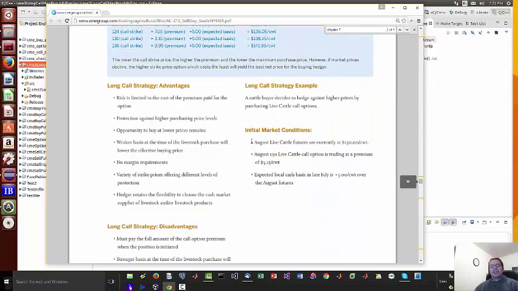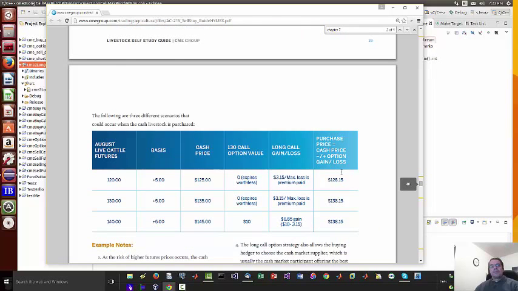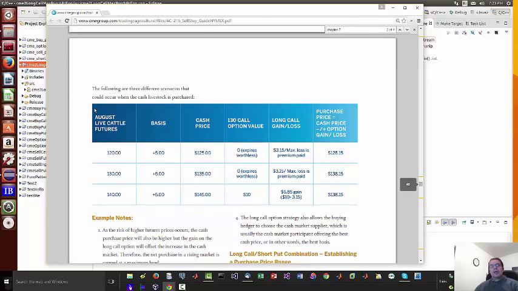Here are the initial conditions. We have our futures set at 130, premium set at 315, and our basis set at $5. In the code, based around this table, we have 3 separate futures prices. The first is for the 120 basis, which gives us a new cash price of 125.